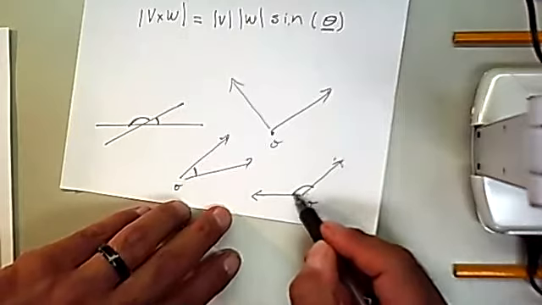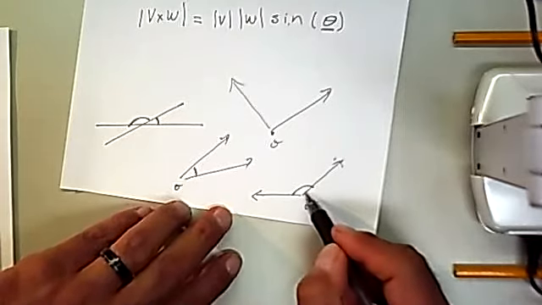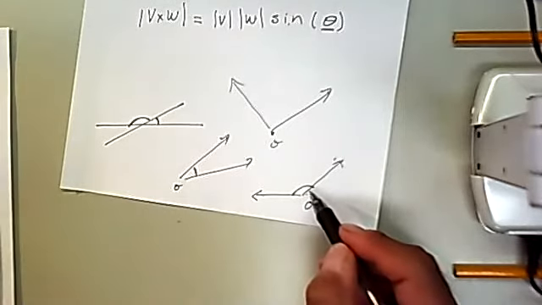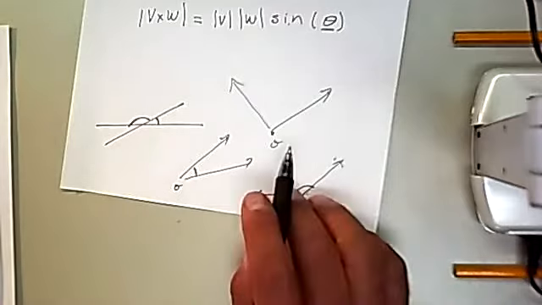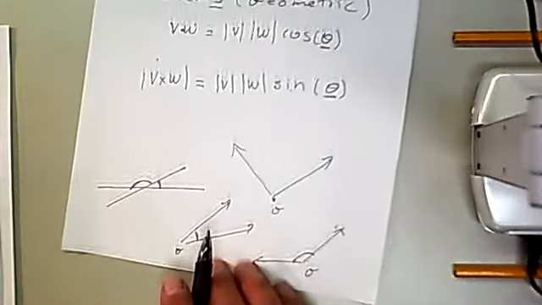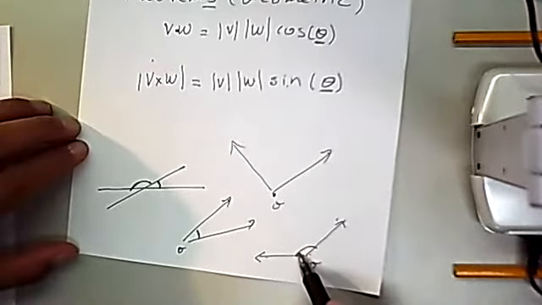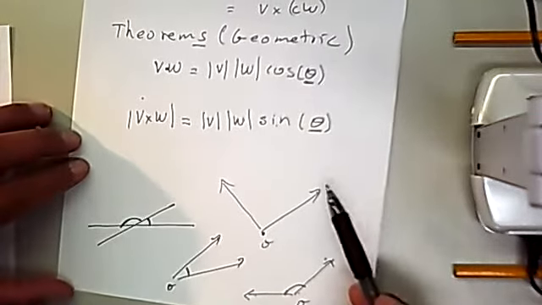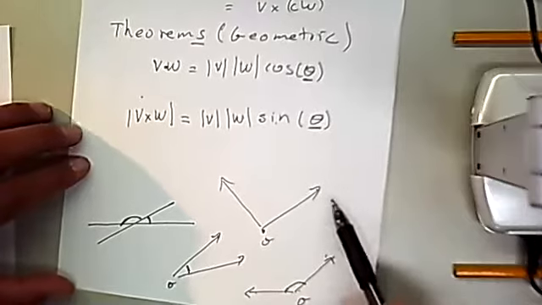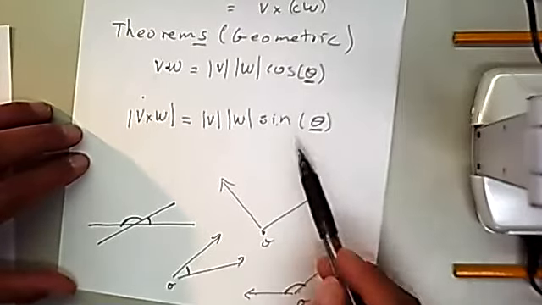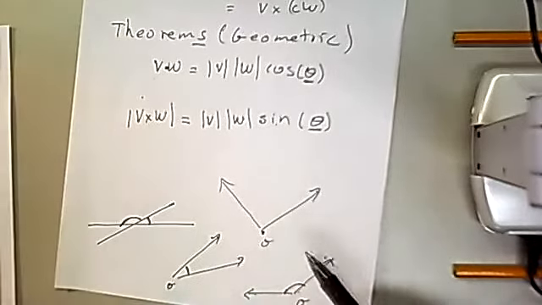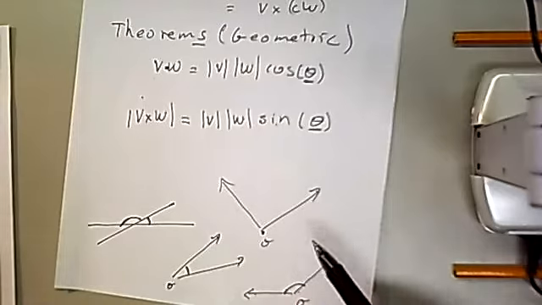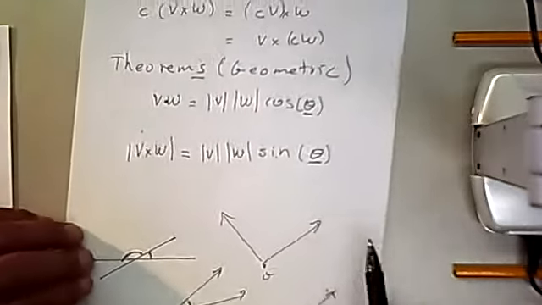So you're not going to get this angle, you're going to get the supplement of this angle. So you've got to watch out. It is a matter of basic trigonometry, but if you apply the arc sine, you may not end up with the correct angle. The arc cosine will always give you the correct angle no matter what, as long as we are within 180 degrees, which will always be the case in this context. So just be aware of those two.